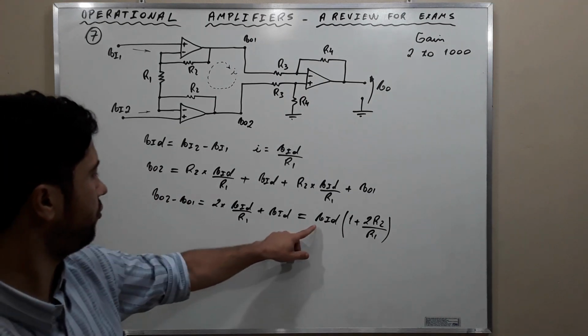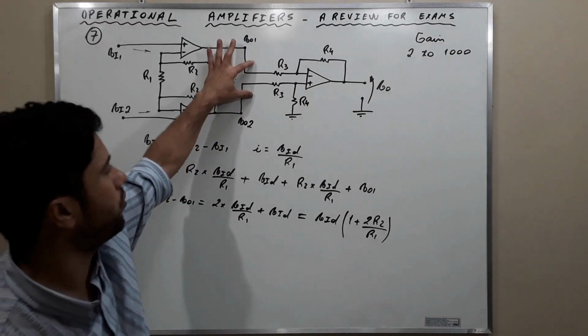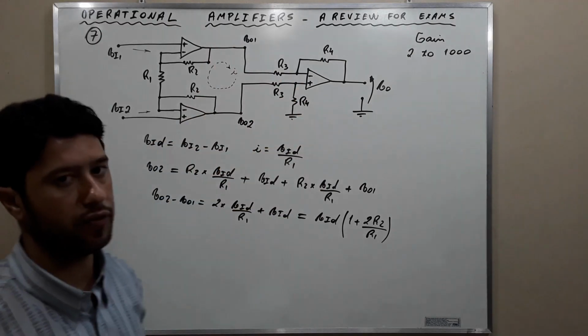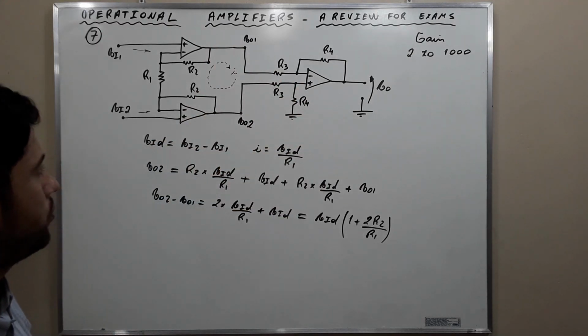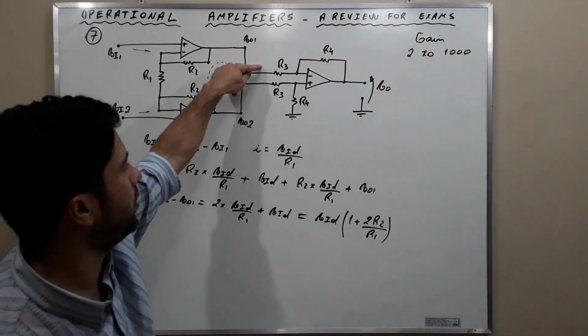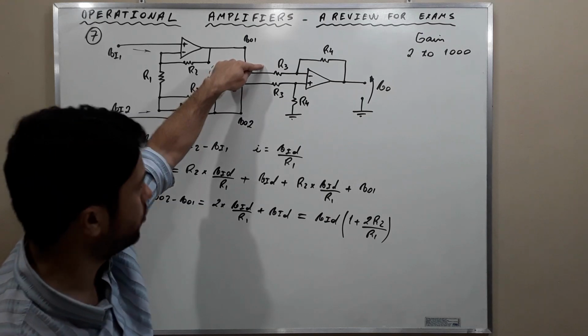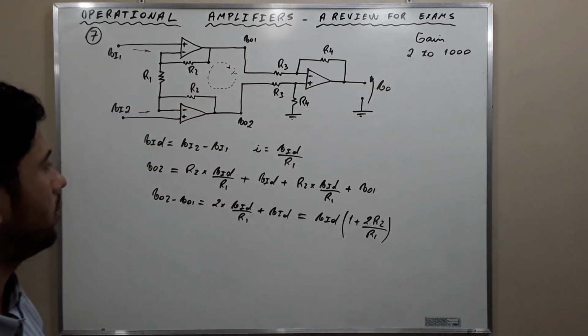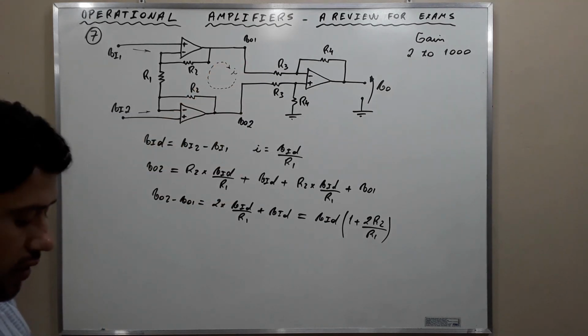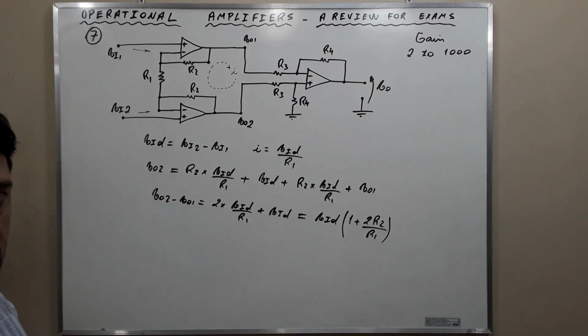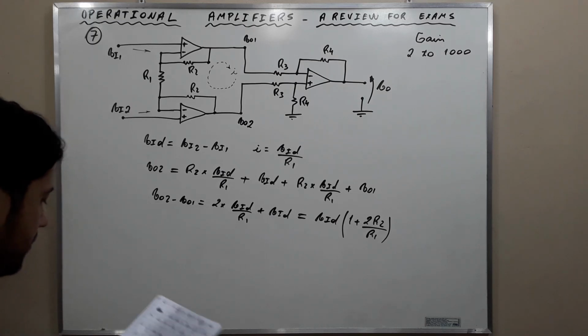Now with this potential difference here, we can find VO. And observe that this is going to be found by the differential amplifier that we've analyzed in our previous exercises.